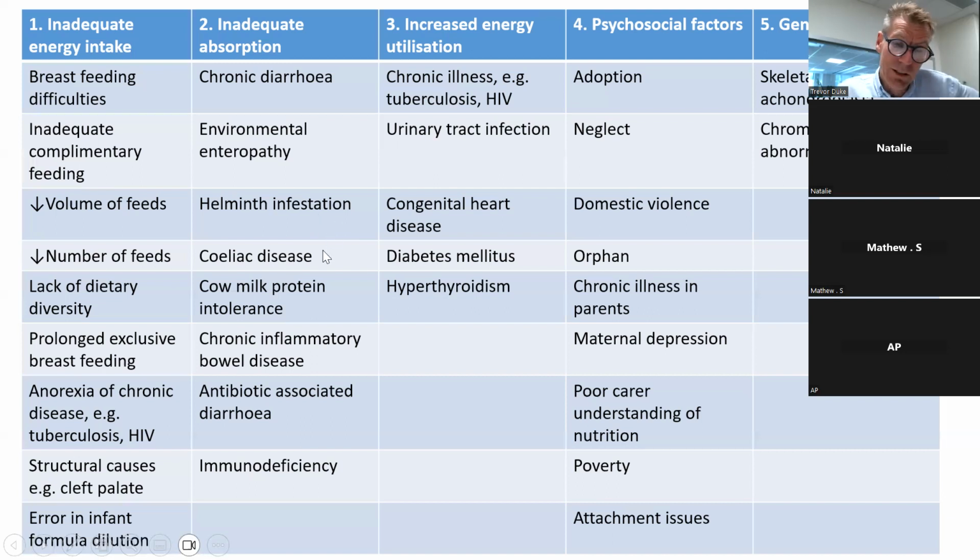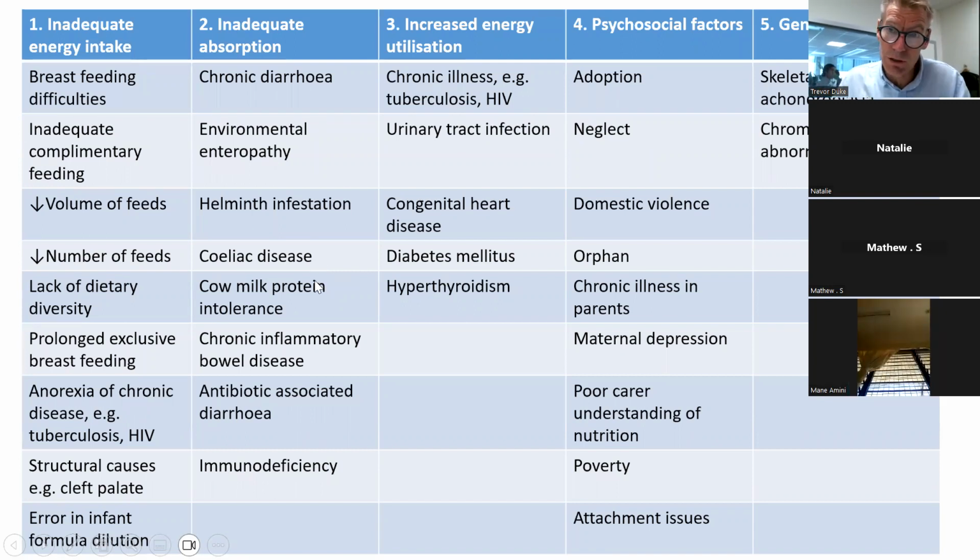And then there's some other conditions like celiac disease or cow's milk protein intolerance, where there's an enzyme deficiency that leads to impaired tolerance of either gluten in celiac disease, or cow's milk protein or lactose in cow's milk.